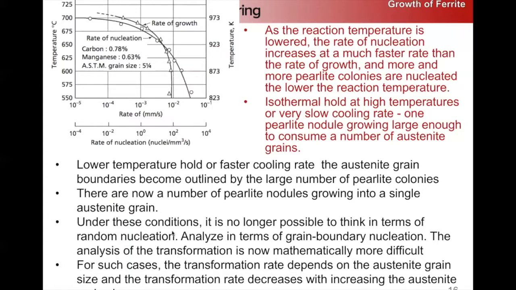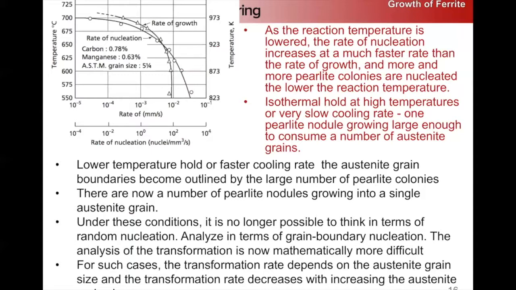And when this is happening, when we have nucleation that is faster than the growth, right? We need to think of these things in terms of grain boundary nucleation. And the analysis of the transformation is more difficult. It doesn't follow JMAK theory, right? And our overall transformation rate is going to depend on the prior austenite grain sizes.